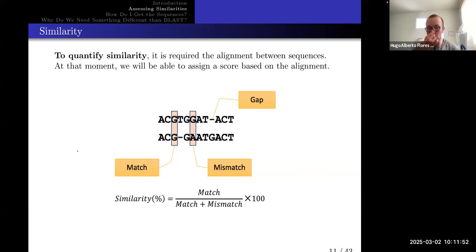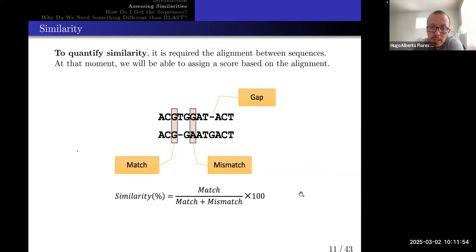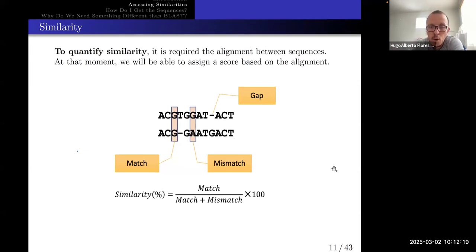In this measure of similarity, we are not including any information about the gaps. So this is a simple number that we can compute and get some insights from, but we don't really know how effective it is, in particular because we are not quantifying the effect of adding gaps in the alignment. I hope it is clear.